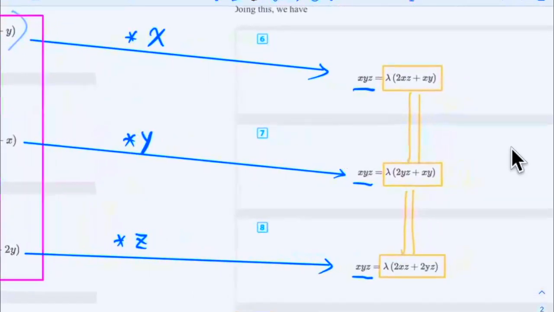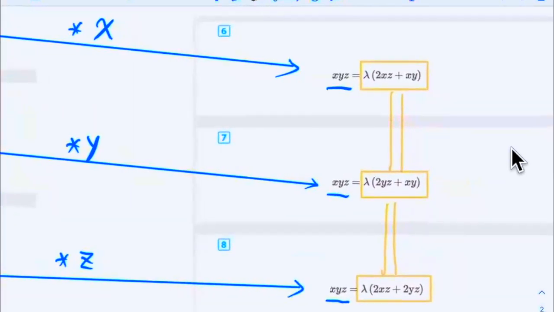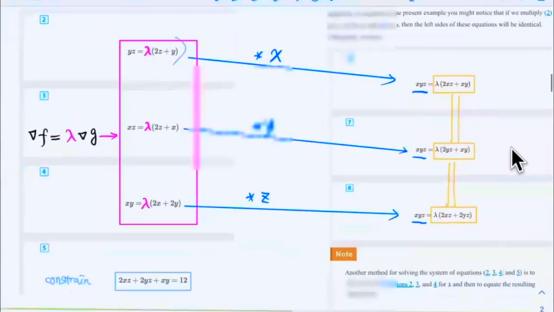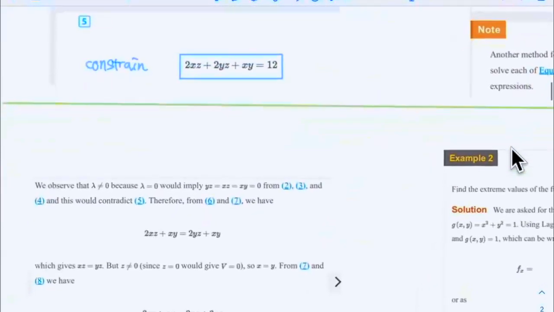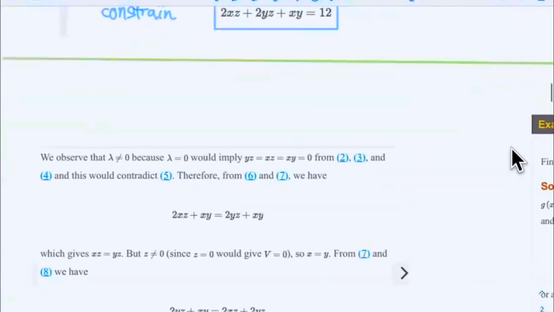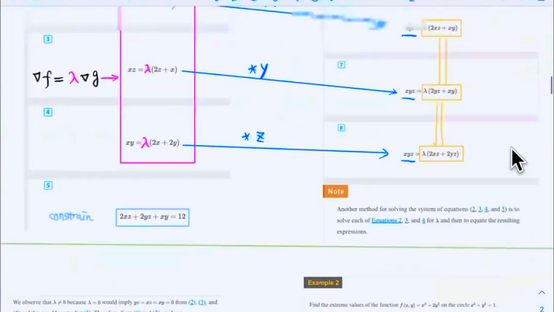Now looking at this one, I'm going to make it larger. If these two are equal, what happens? Well, either lambda equals 0 or this equals this, right? Or 2xz plus xy equals 2yz plus xy. Do you agree? Okay. So we're going to have either lambda equals 0 or this equals 0.